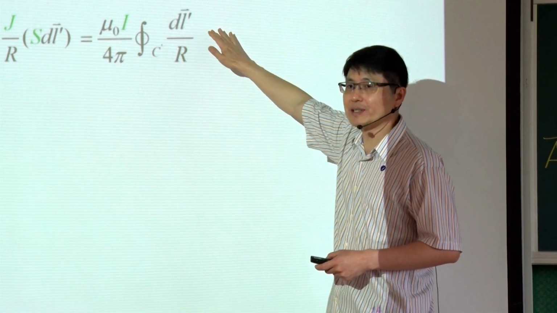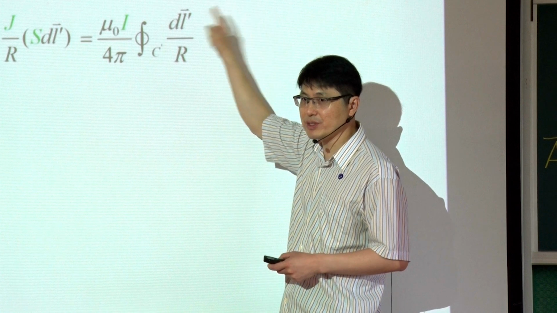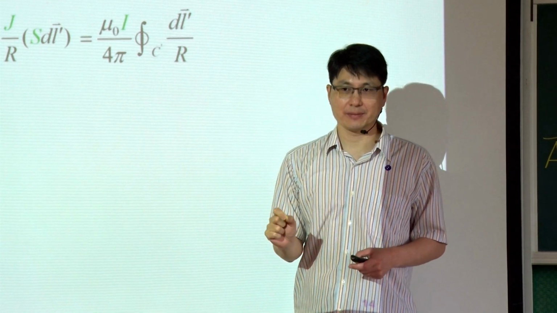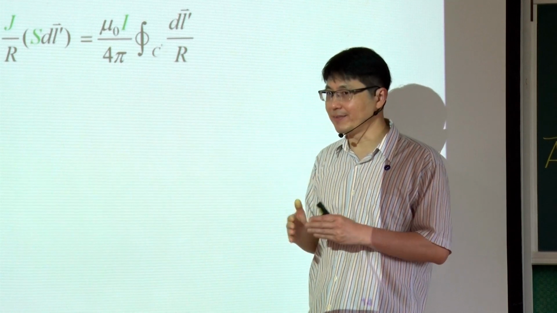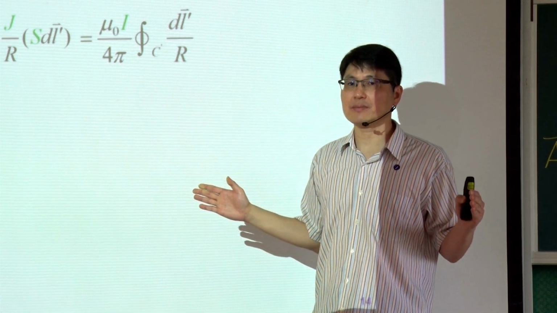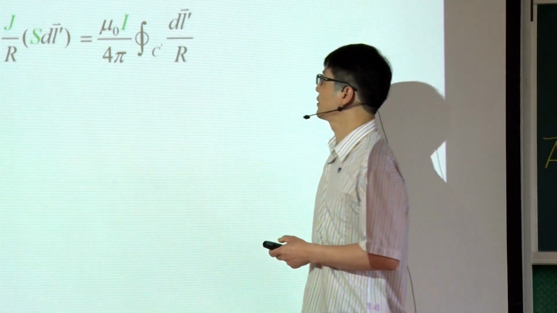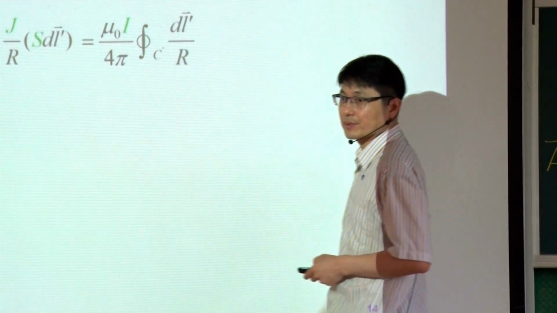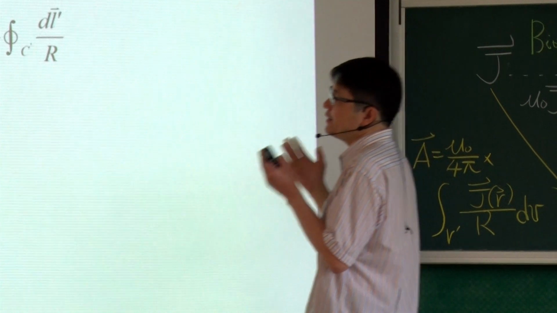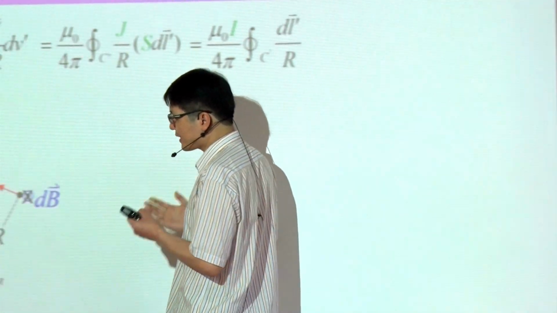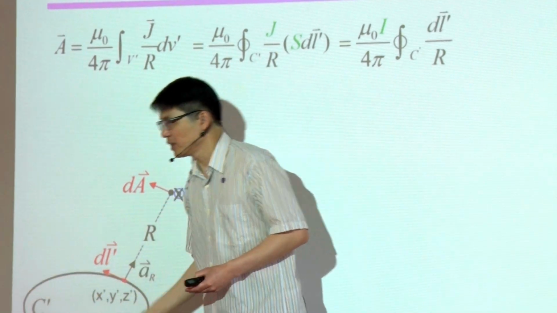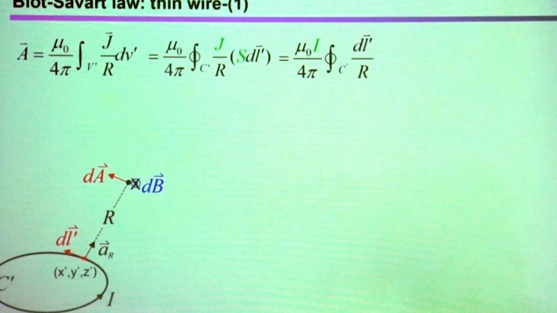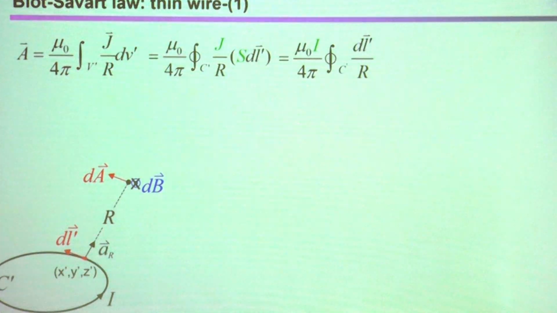In different coordinate systems, you need to know how to properly formulate differential length. Otherwise, you cannot master magnetism. Right? So here, I have I. Okay? So if I know the current being conducted in a closed loop conducting wire, I can perform the closed loop integration to find A.